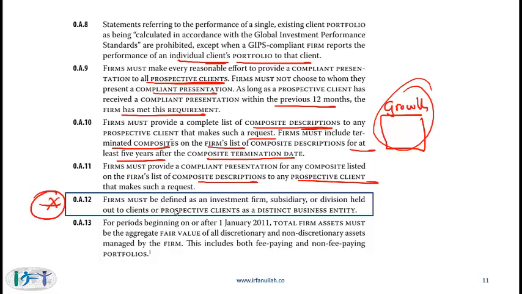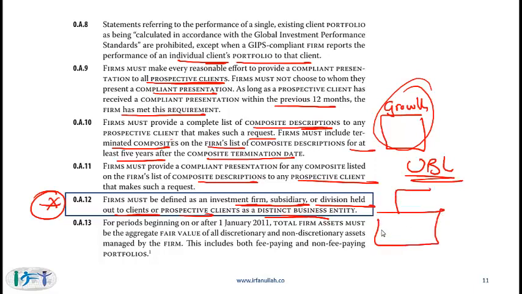Firms must define as an investment firm, subsidiary, or division held out to clients or prospective clients as a distinct business entity. So this gets into the definition of a firm. Let's say you have a larger firm called UBL, and under UBL you have a firm called UBL Asset Management.